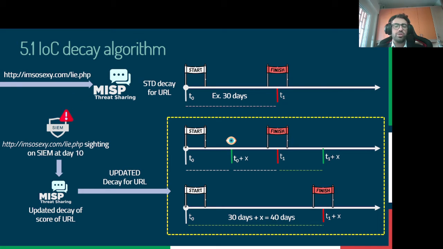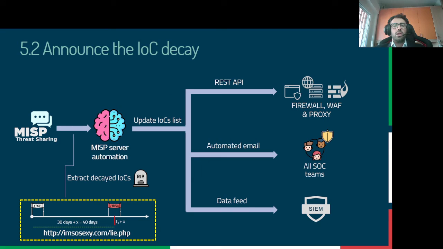In conclusion, the expire time for our URL will be not 13 days, but 13 days plus 10 days. Therefore, on the 23rd day, the decay of the IOCs is propagated on all previously connected systems, providing an always updated list of the IOCs.